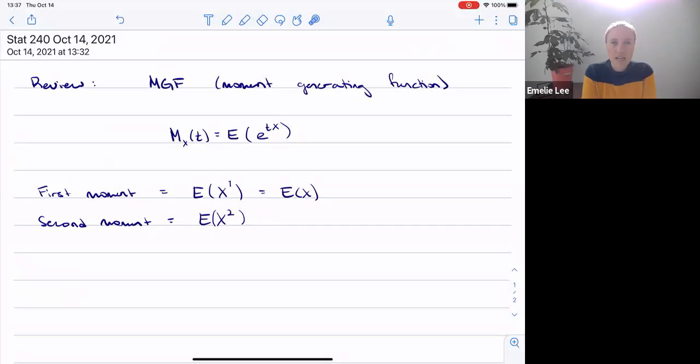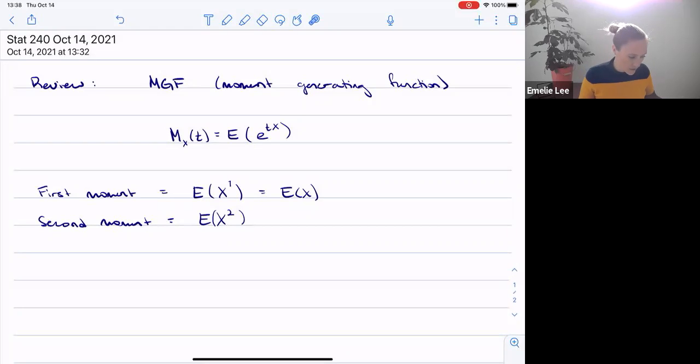And so we can find all these moments, and then we can generate different parameters from there. The mean, sigma squared, so the variance. And so we said that the variance is really just the difference between the second moment and the first moment squared.